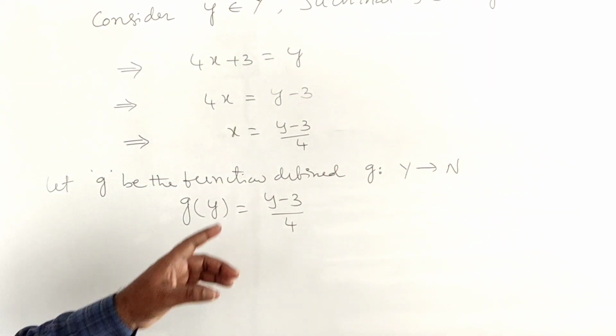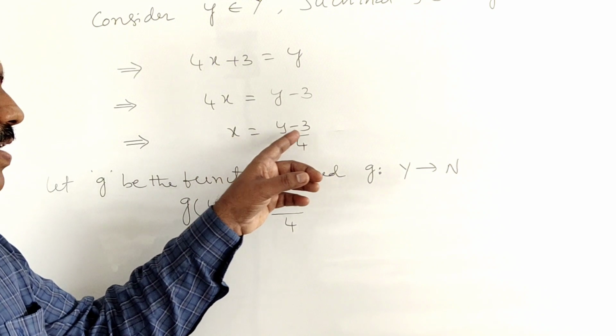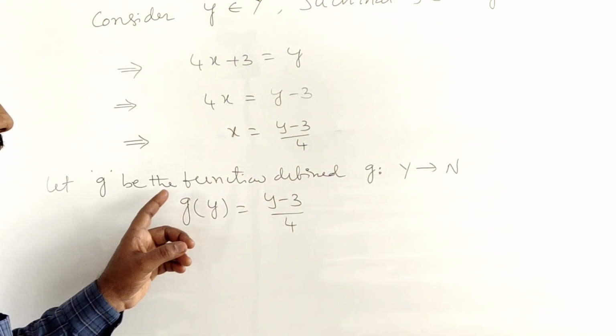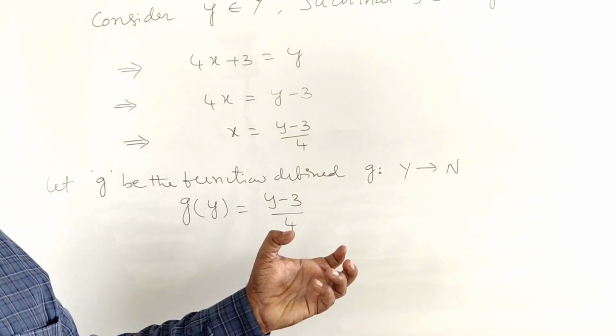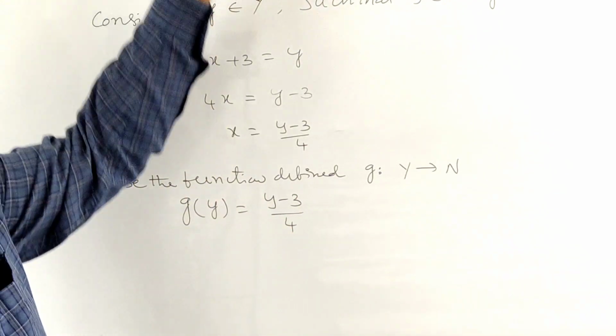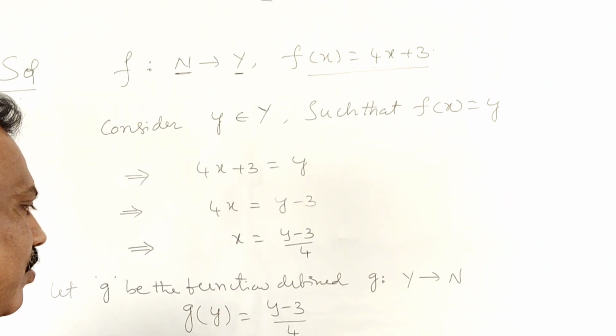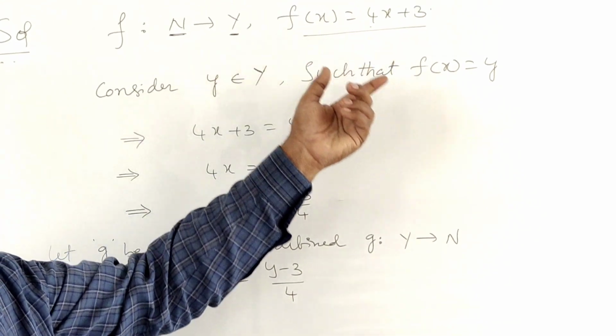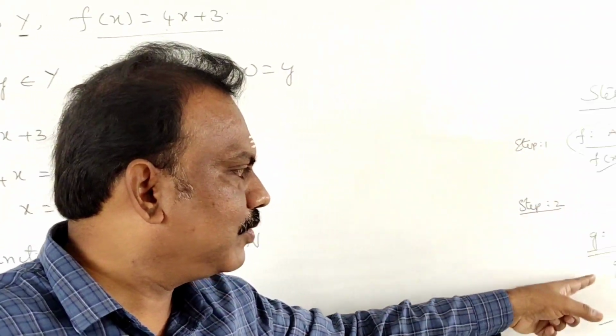Understood, students? So you are getting the x value in terms of y. This is taken as the new function g. This function maps in the reverse order. Now you have g of y and f of x. Step 1 completed, step 2 completed.